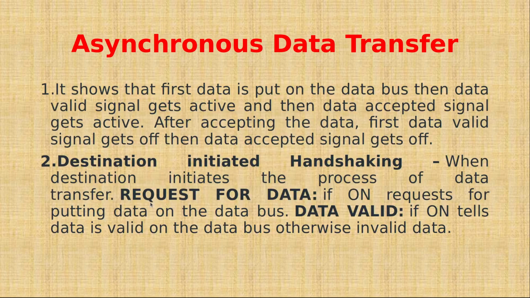Then the other one is destination initiated handshaking. First the destination gives the request to the source. After getting the request from the destination, the source puts the data into the data bus, and the data valid signal is on.